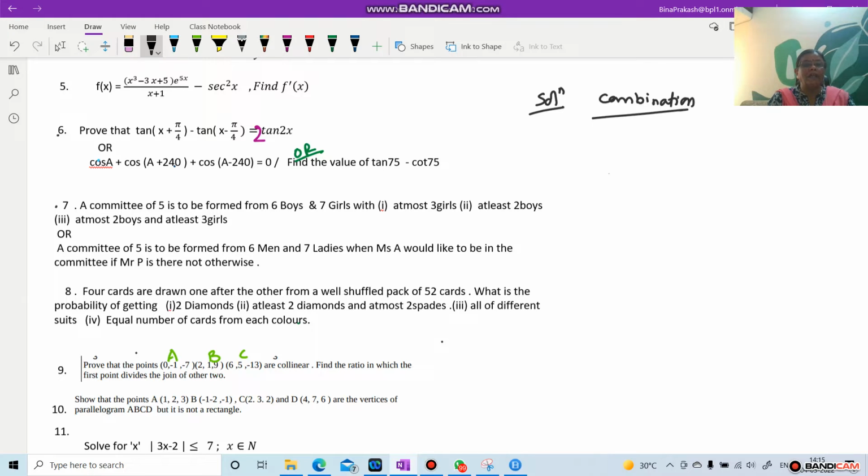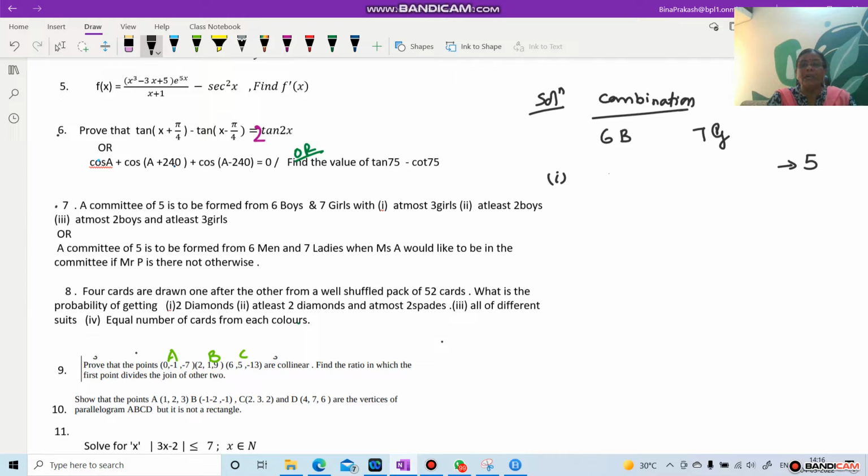So we have to form a five-member group from 6 boys and 7 girls. The total number of members in that group should be 5. The first case says it should have at most 3 girls. What does that mean? At most 3, maximum.